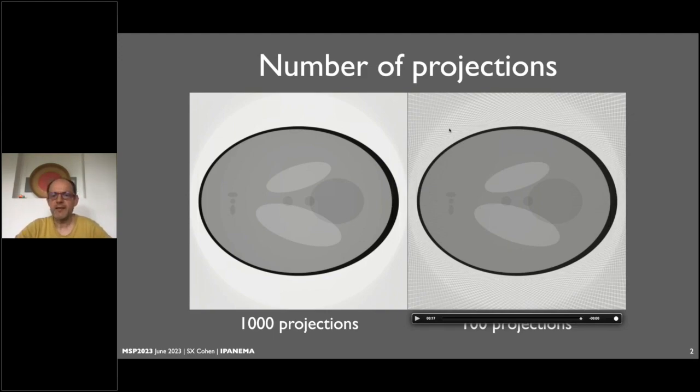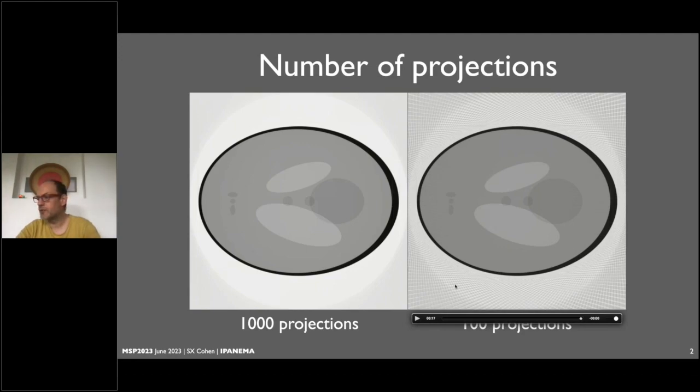That's why if I use too low a number of projections, I will introduce quite strong artifacts, but those artifacts are localized on the periphery of an object. And with that, I think I'm done with the main subject of the talk.